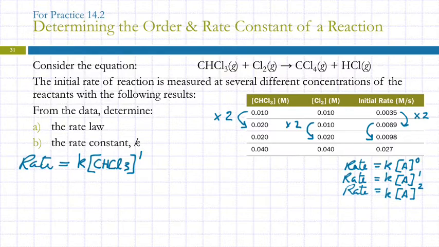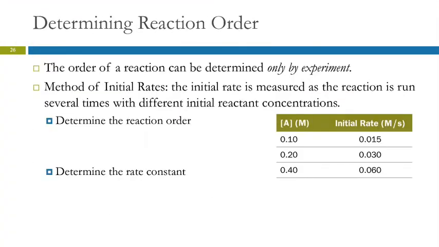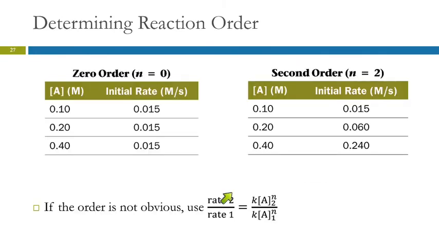Remember that slide where it says if the order isn't obvious, use this? Let's go back and look at that. Oop, passed it. There it is. This guy. We can use this to help us figure out what the order is. This kind of looks confusing, doesn't it?